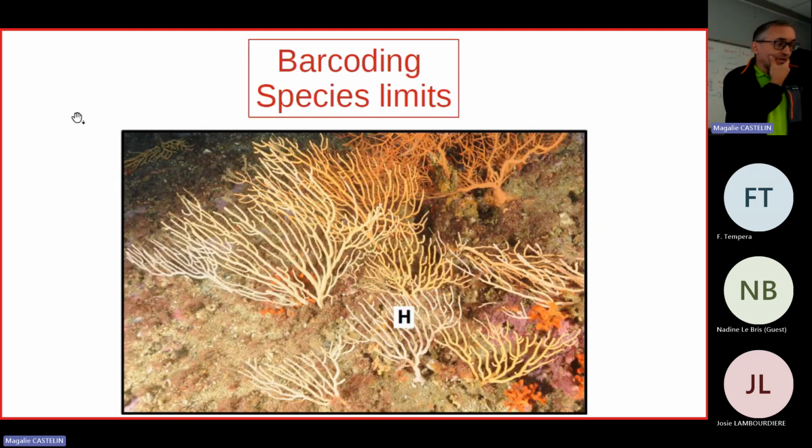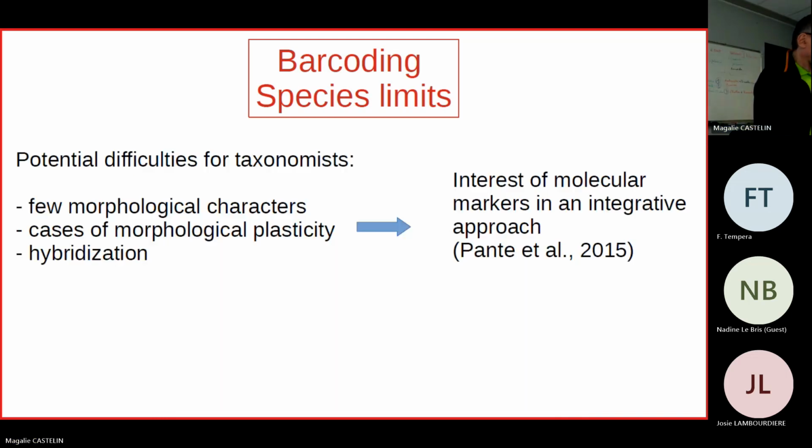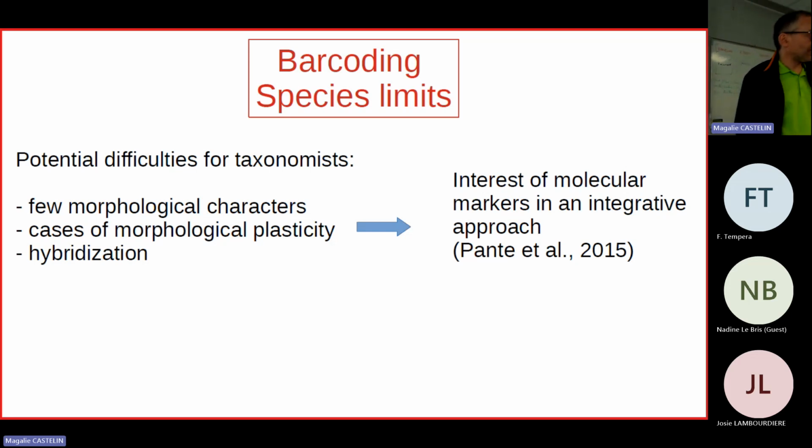Okay. So the first topic where I will present some of these techniques is about barcoding and species limits, which are different questions. Here are our unicellular gorgonians from the Mediterranean. So in Anthozoans, not only, but there are potential difficulties for taxonomists, where in some cases we have few morphological characters.